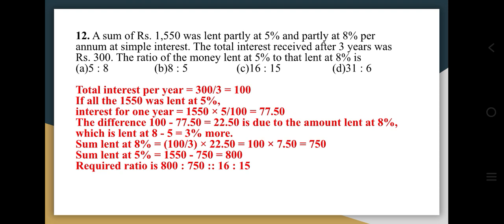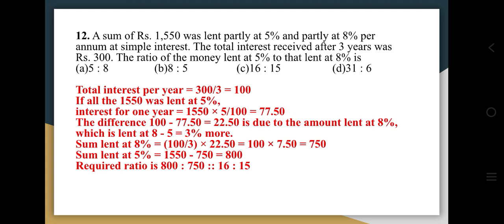So this is because of the difference in rates, 8% and 5%. So 8 minus 5 is 3. So 3 corresponds to 100. What does 22.5 correspond to?